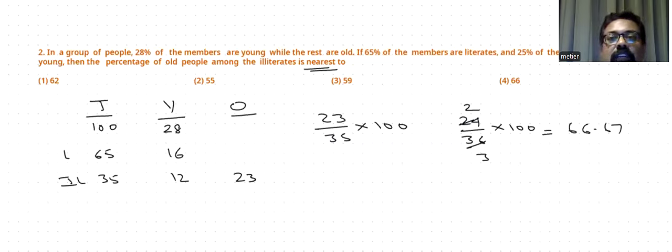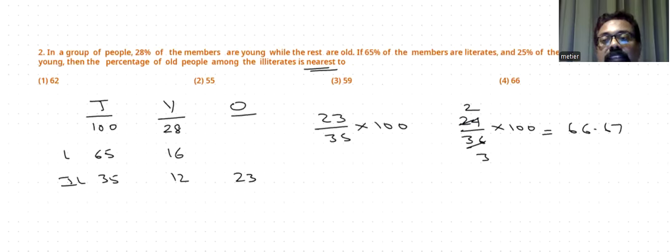In our class, we used to discuss that when you increase the numerator and denominator by the same number in a proper fraction, where the numerator is smaller, obviously the increased fraction will give a higher value than the original one. So in this case, 24 by 36 will be slightly higher than 23 by 35.